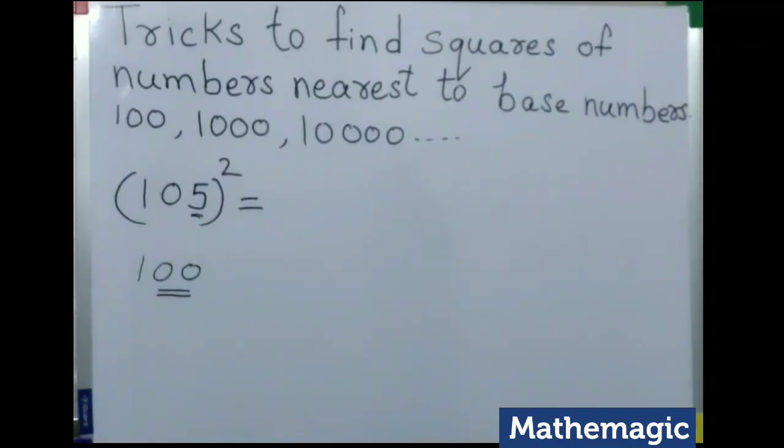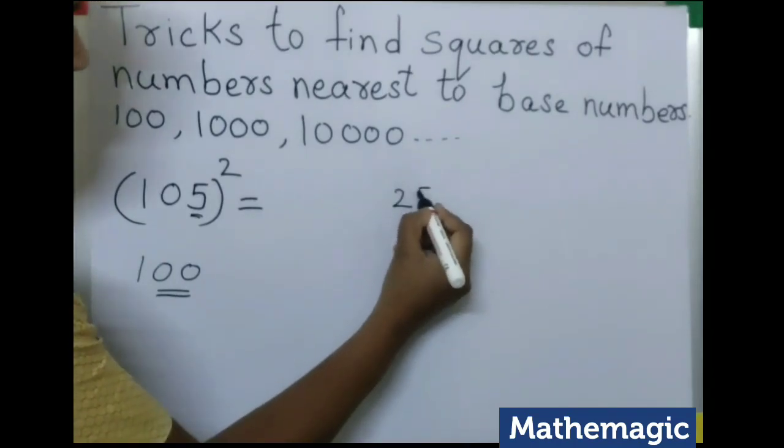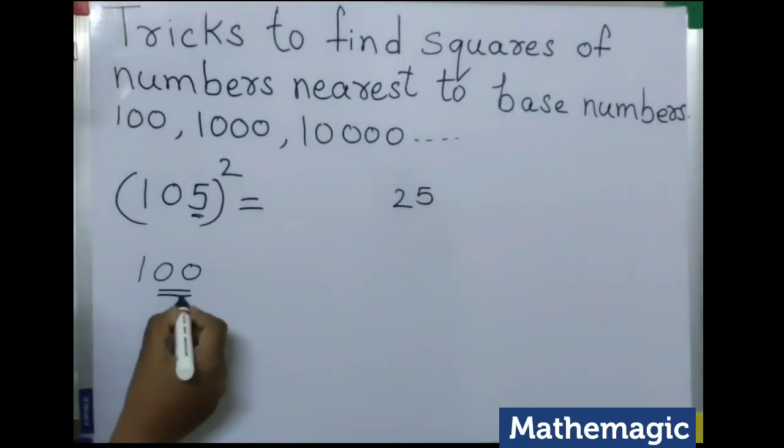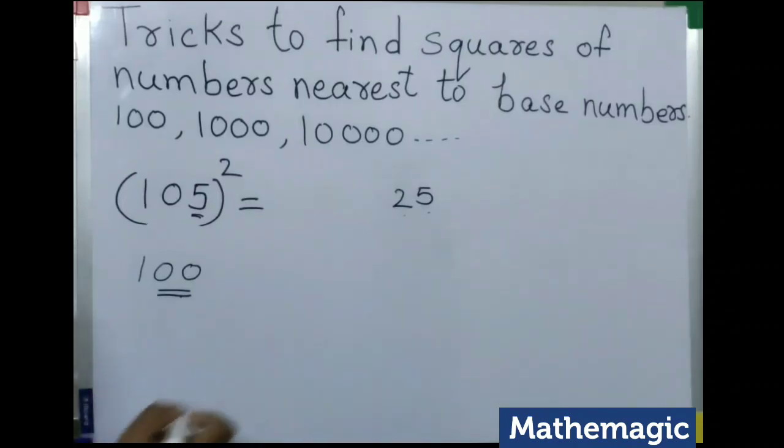So first we will take the square of the number 5. So 5 square is 25. So we will write here 25 first. Here there are 2 zeros and 25 is a number of 2 digits. So here there is no need to make any changes.